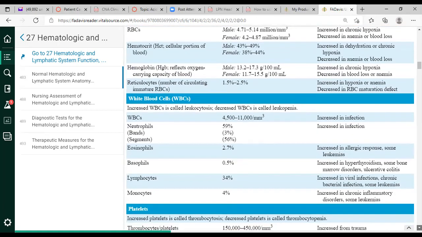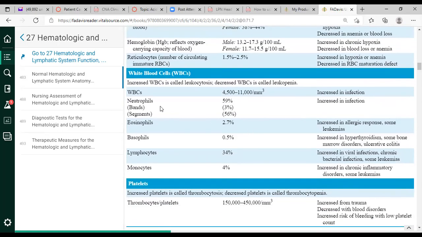Elevated white blood cells can be a sign of infection because when we have something foreign or an infection in our body, the white blood cells are being secreted to try to fight the infection, but sometimes our white blood cells aren't effective. So we need some type of medication to fight different infections.